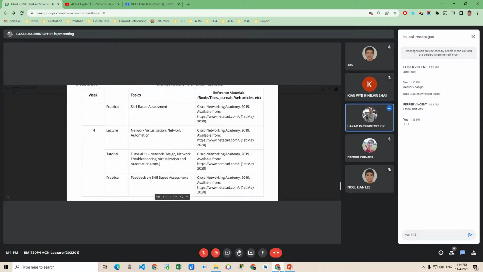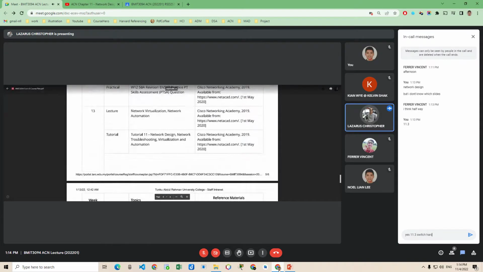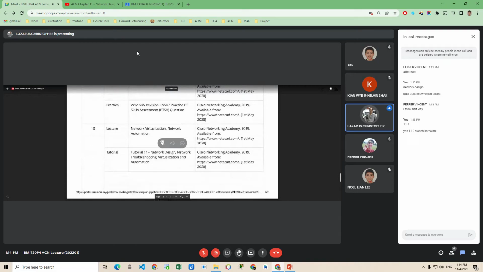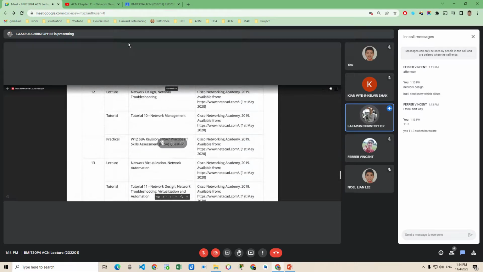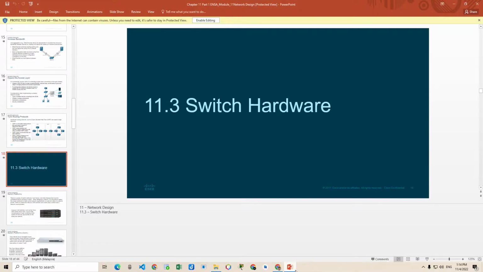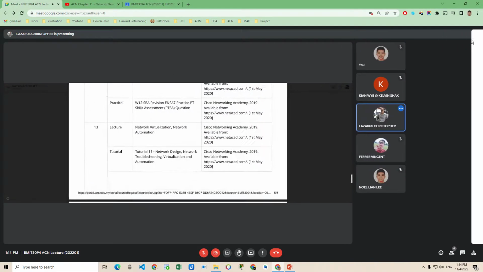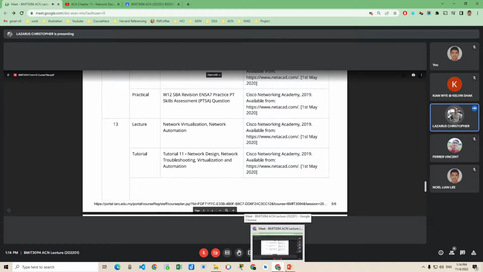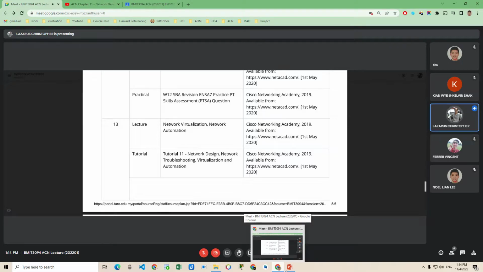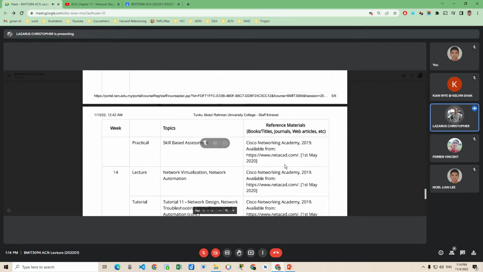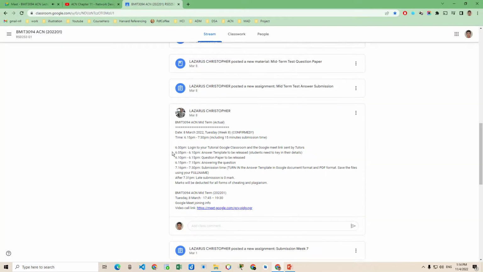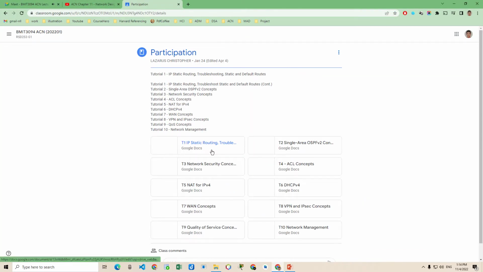We'll see if we finish network design, then go on to network troubleshooting, and see whether we can start on network virtualization, but I don't believe so. So network virtualization and network automation we'll try to fit into week 14. All right, see how it goes.